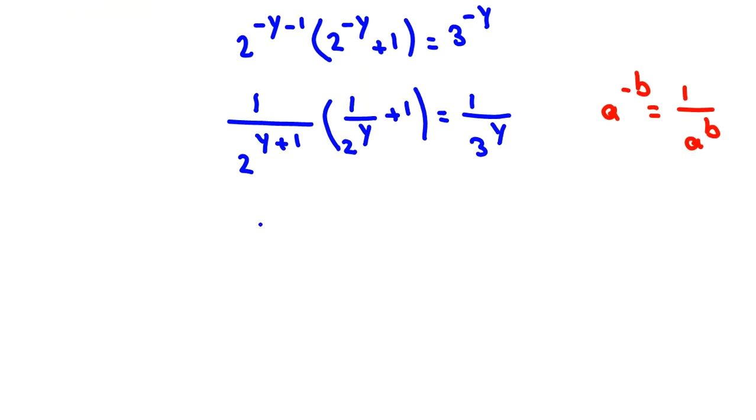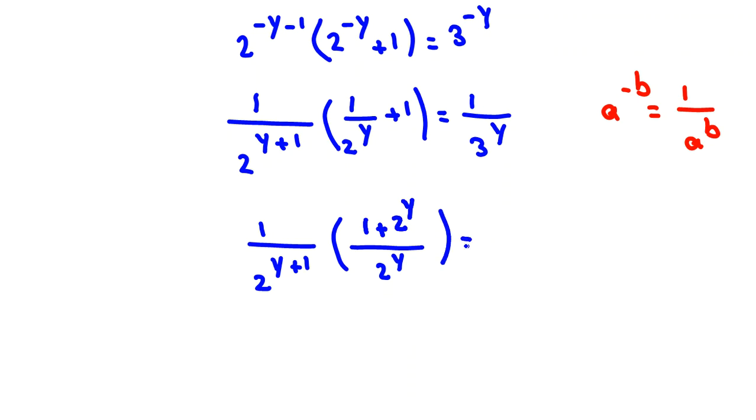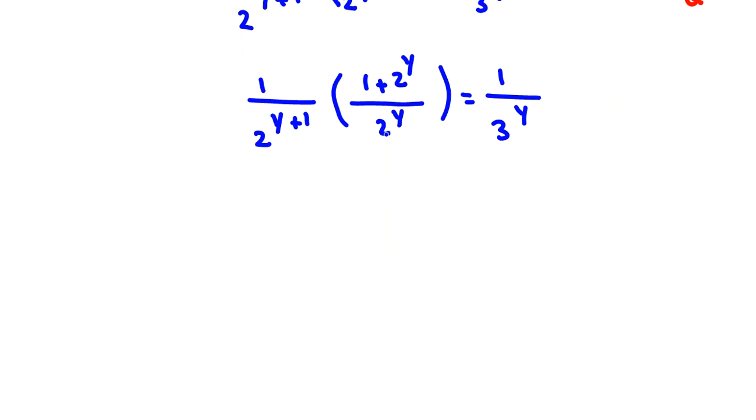If I use a common denominator and multiply these two fractions, it will be 1 plus 2^y over 2^(2y+1), equal to 1 over 3^y. By the power rule, you should add up the powers.